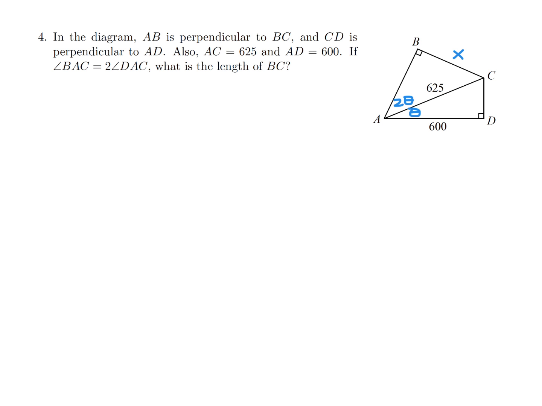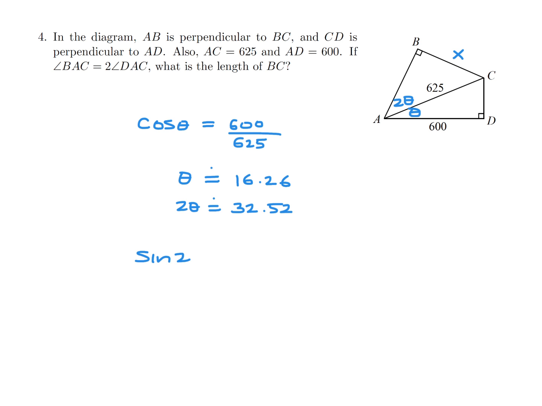I think we're going to have to use trigonometry here. So cos of that theta is 600 over 625, I believe. And you are allowed to use calculators on this exam. So therefore theta is approximately 16.26, and therefore 2 theta is approximately 32.52. And then the other bigger triangle, we will use sine.